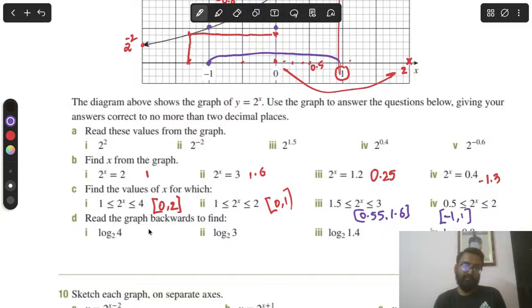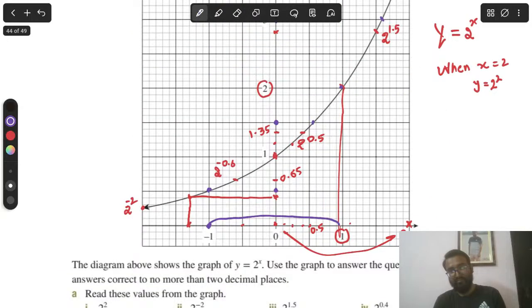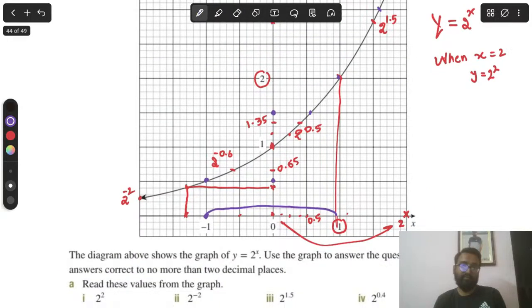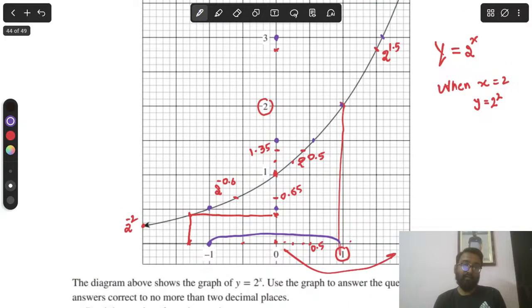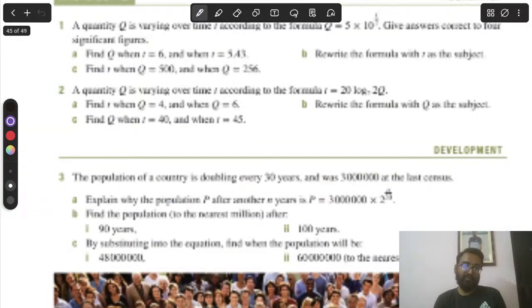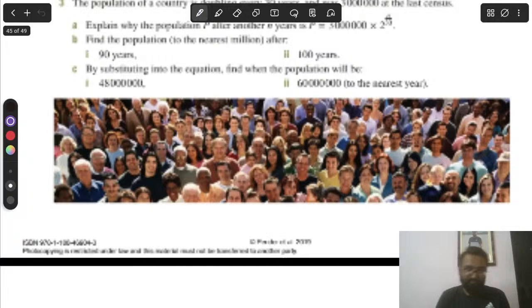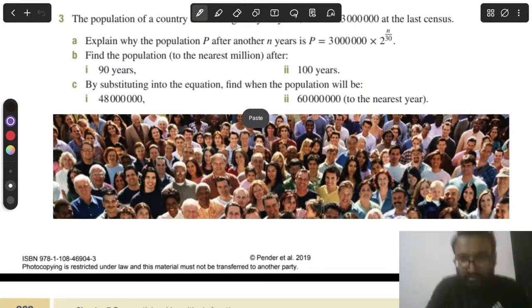Read the graph backwards to find log 4 base 2. But we can't get it directly. Just give me a second.